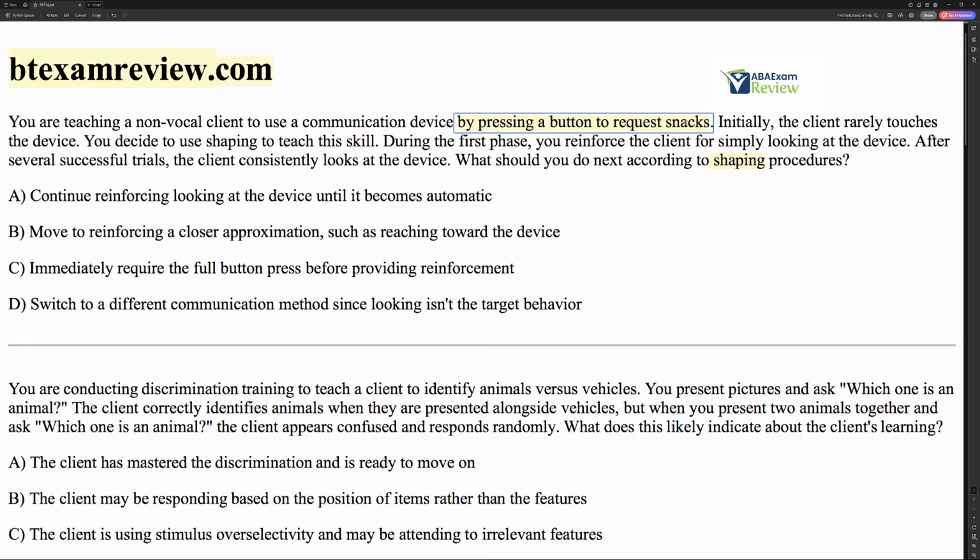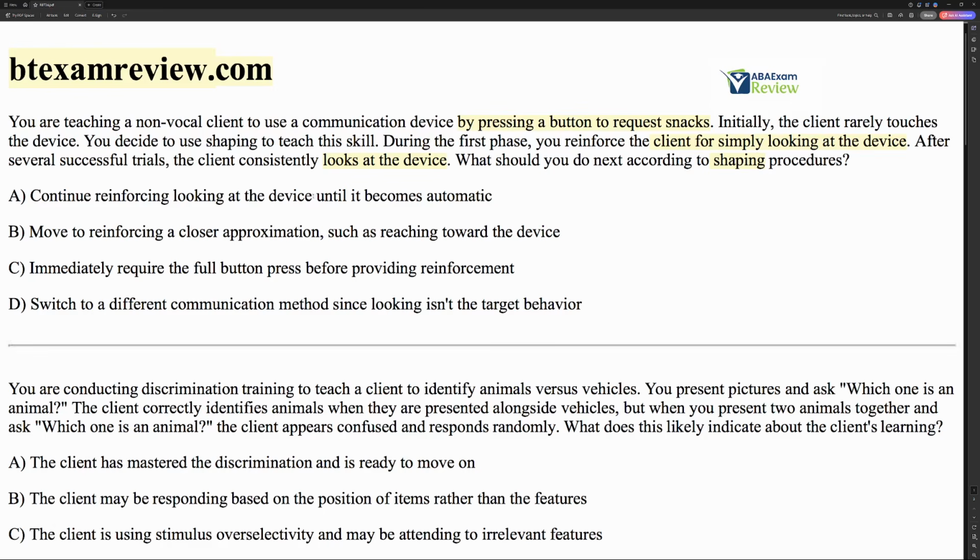So that's going to be our terminal behavior. Right now, the client doesn't touch the device. So you decide your first approximation is going to be the client looking at the device. So for shaping, you would start by reinforcing anytime the client engages in the behavior of looking. After a while, the client is now looking at the device. What is next in the shaping procedure?